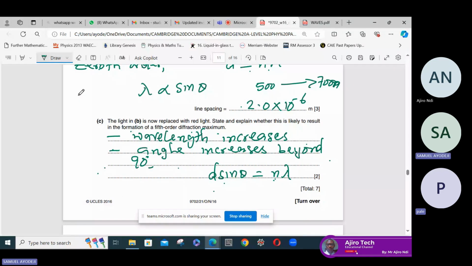I'm still not getting the value. I'm coming. So it's going to give me sine of theta for n equals 3. Your lambda is 700 nanometres, that is 7 times 10 to the power minus 7, over d. d is 2 times 10 to the power minus 6.